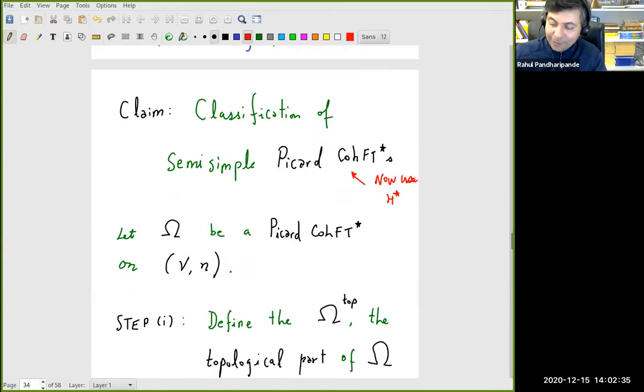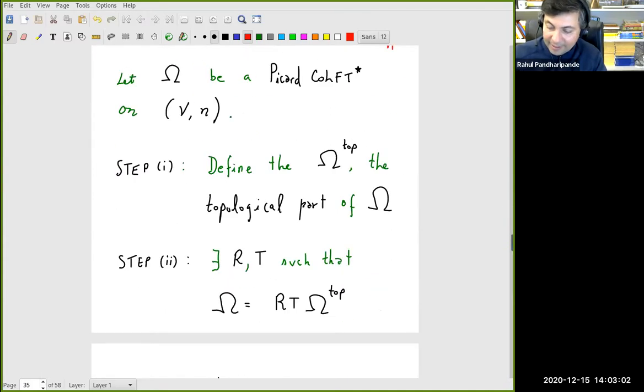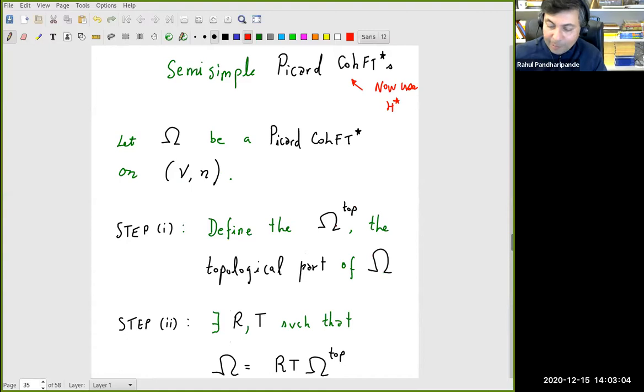And it's better now, of course, if we're doing classification, you should use cohomology, because even for the Deligne-Mumford case, there's no idea how to classify the Chow CohFTs. So use cohomology because at the end of the day, there's some kind of stability of cohomology that comes in. So the classification says that you start with anyone as long as it's semi-simple. And step one is you define the topological part.